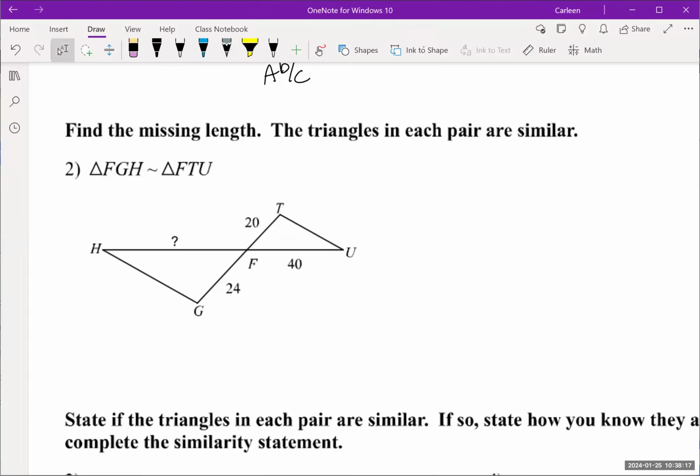Okay, find the missing side. So we're going to call this X. Now I'm going to highlight this HF. I need to know HF is corresponding to which side. Now, in the past, when I see students who take the test, the ones that do not do well are the ones that are not careful how they pair up the parts.